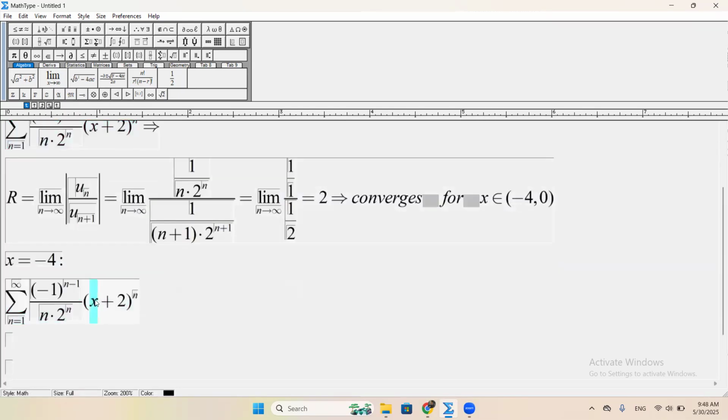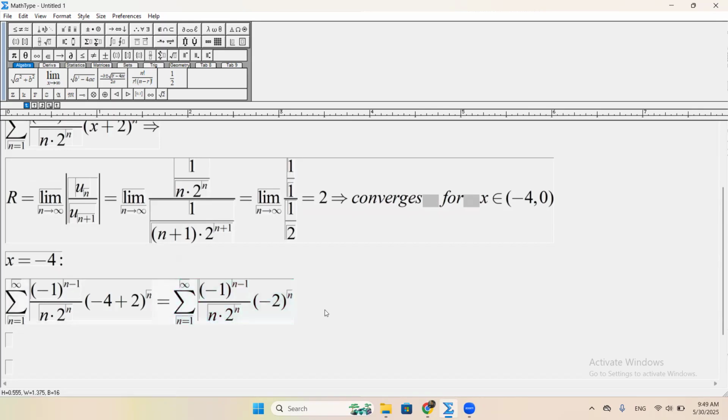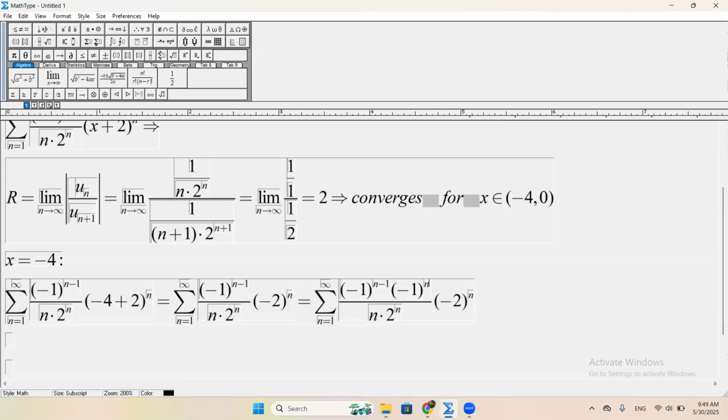So here will be -4, so -2 in power of n. Okay, and it will be -1 in power of n, and 2 in power of n.